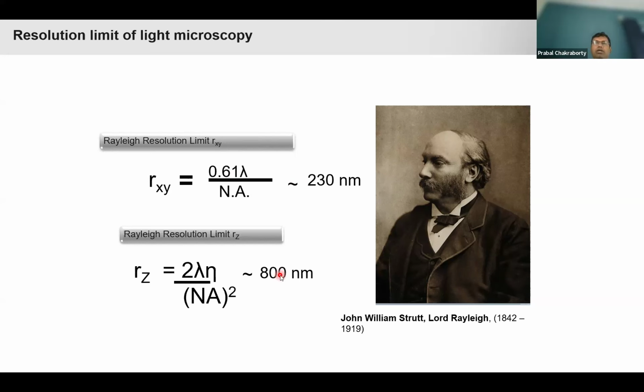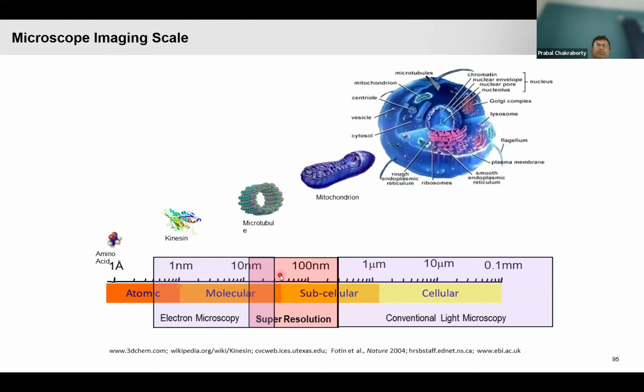Now, if we want to understand this in terms of microscopy scale: if you want to capture the whole cell or a whole internal organelle, let's say whole mitochondria or whole ER, probably we can manage with the normal wide field fluorescence or confocal microscope.